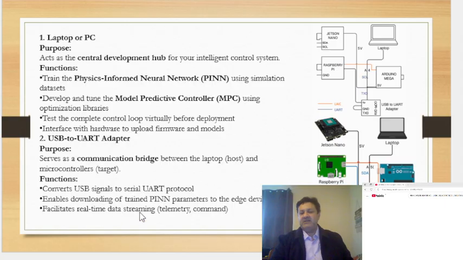Now the Arduino Mega will receive prediction models or the trigger via UART, of course connected via UART. Where is my prediction model? The prediction model is here, right? So it will take that, or it will trigger via UART. Then the output from the Arduino would be controlling relays and pulse width modulation, and log data is transmitted to the laptop. So it will give that to the laptop.